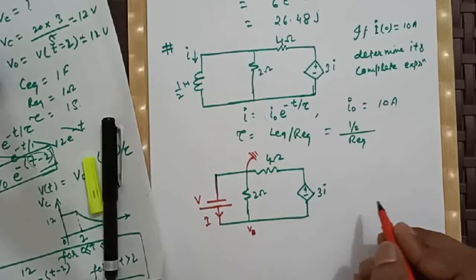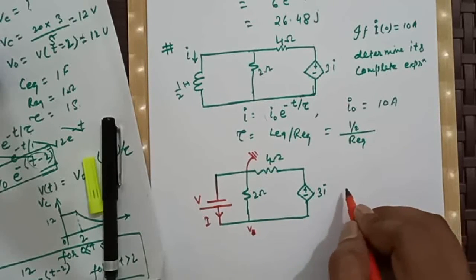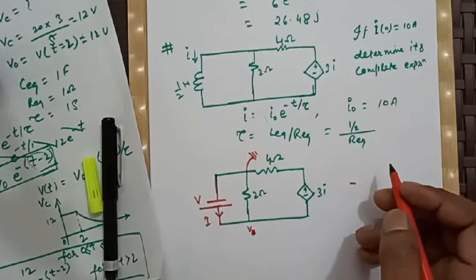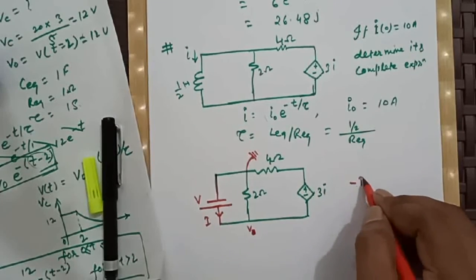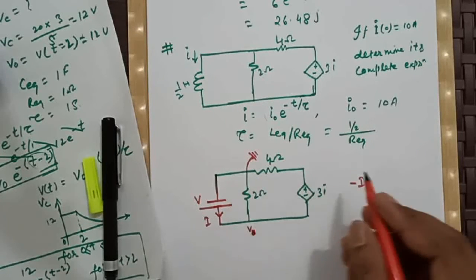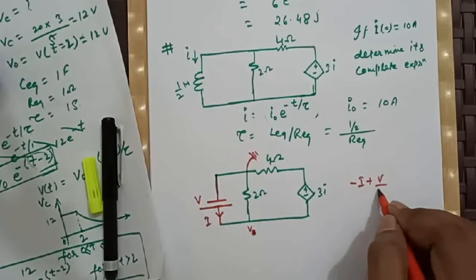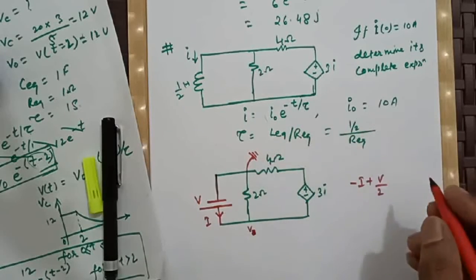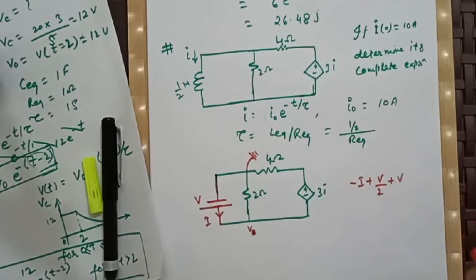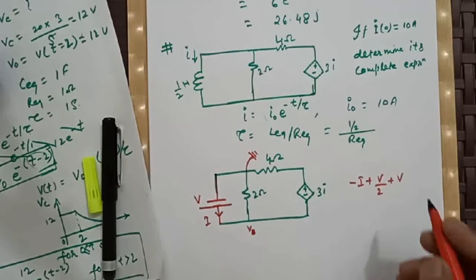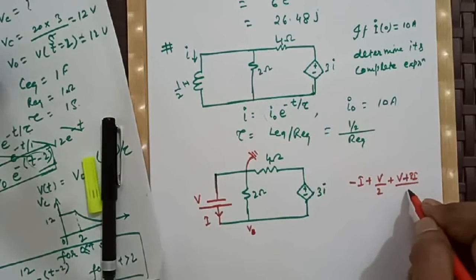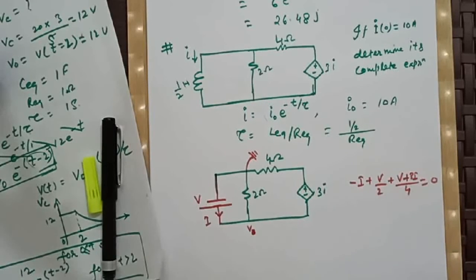Okay, so after applying nodal analysis we will have minus I, this current will be V by 2 ohm, and this current will be V plus 3I by 4 is equal to 0.